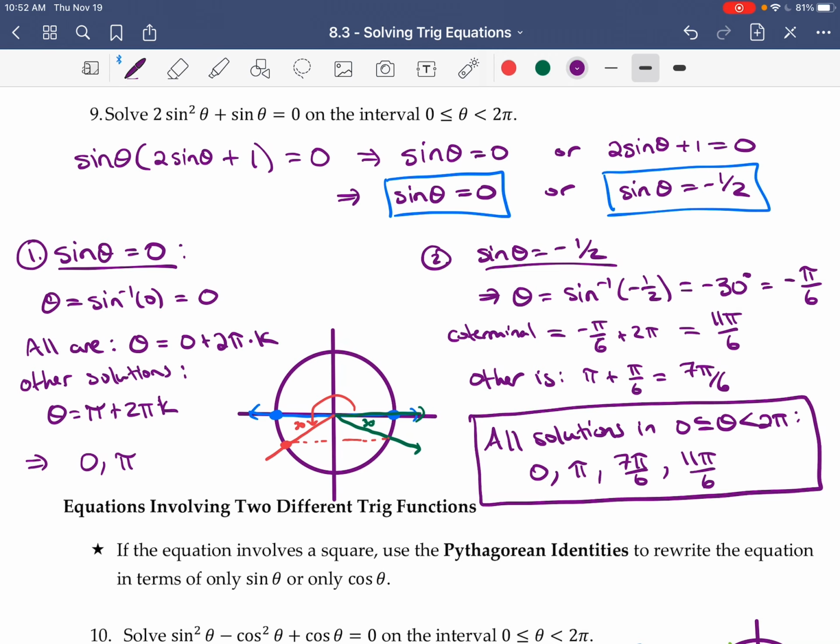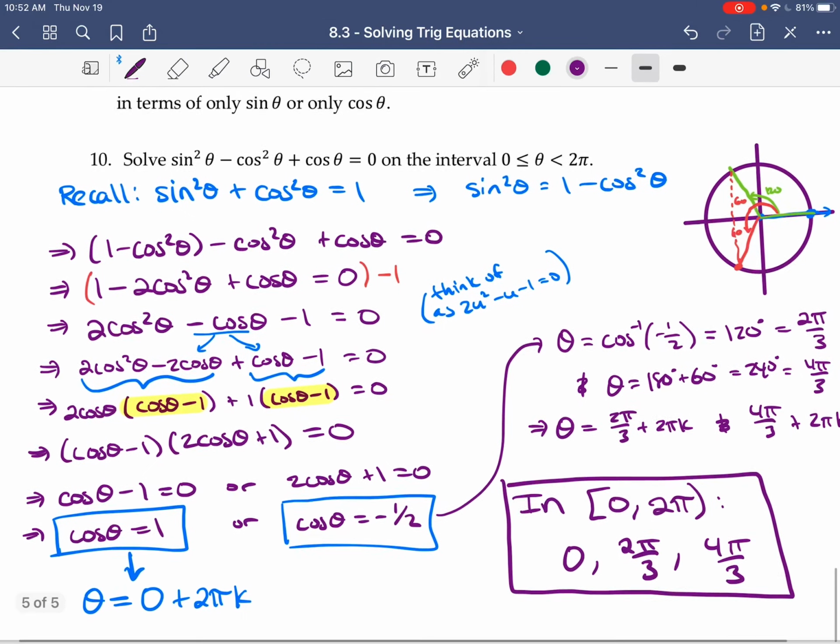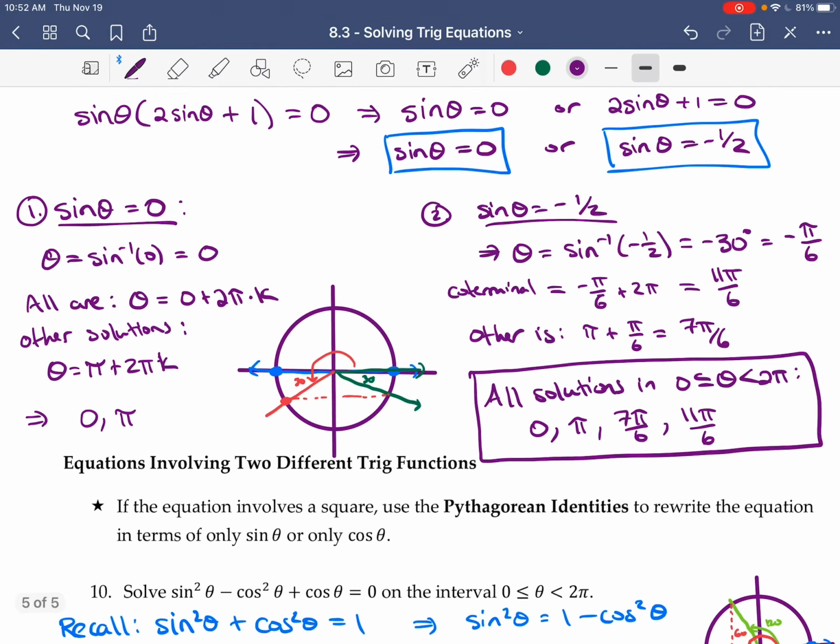And if we wanted all the solutions that there were, so without an interval, then I'd want to add 2 pi times k to each of these, so all 4 of them. So those are some examples of solving trig equations.